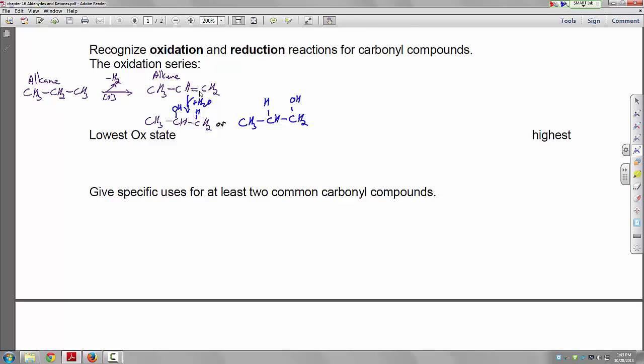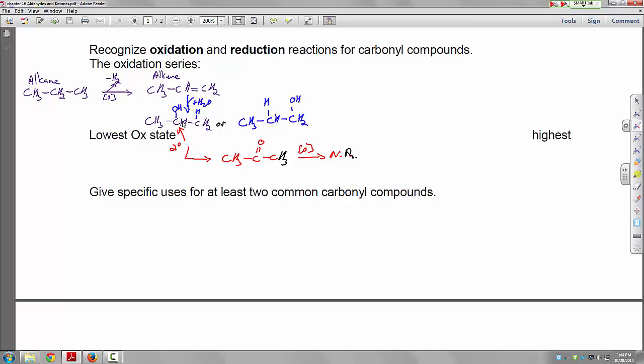But the reason I want to start here is because if you recall, we can oxidize this secondary alcohol. This guy is a secondary, and he can be oxidized to the ketone. So we get acetone, the ketone, and there it stops. If we try to oxidize this further, no reaction.